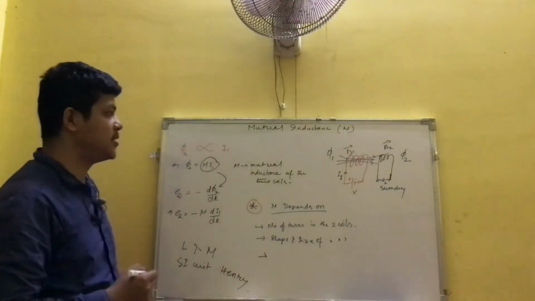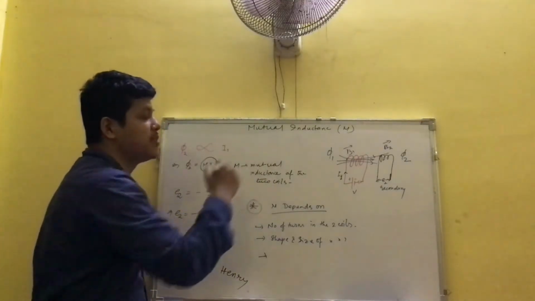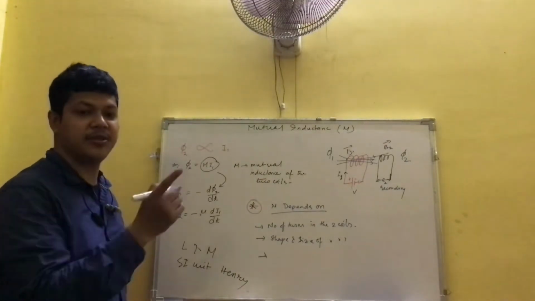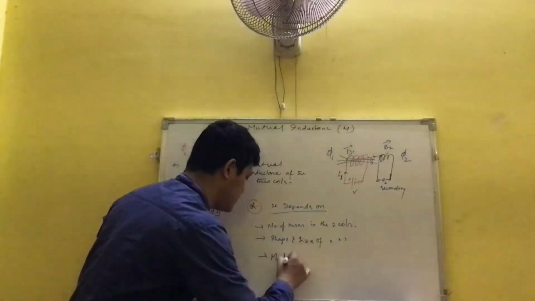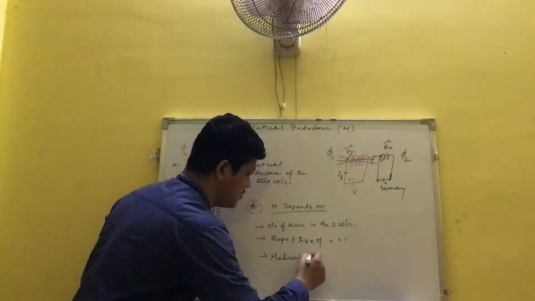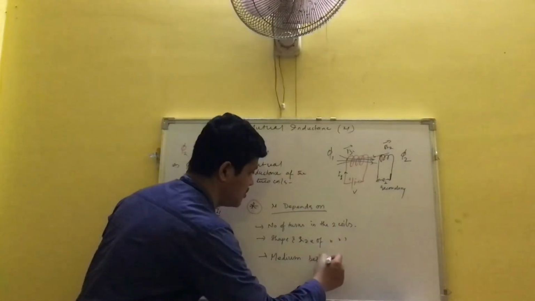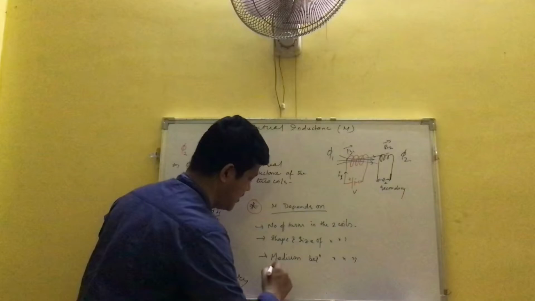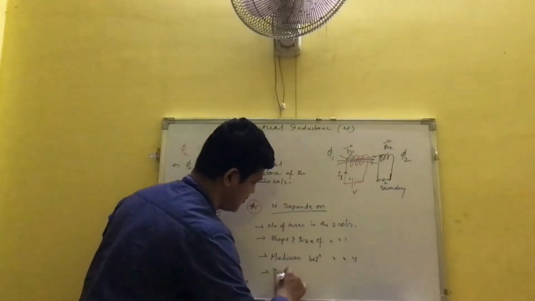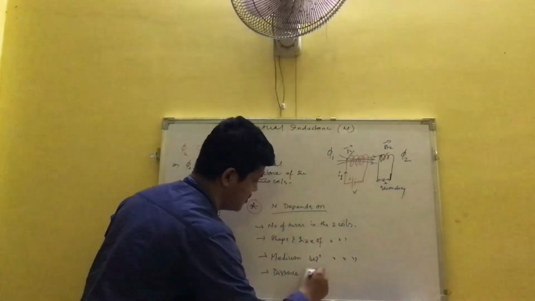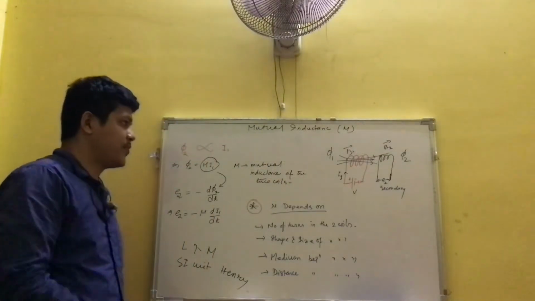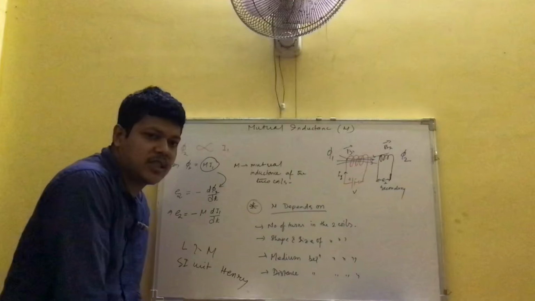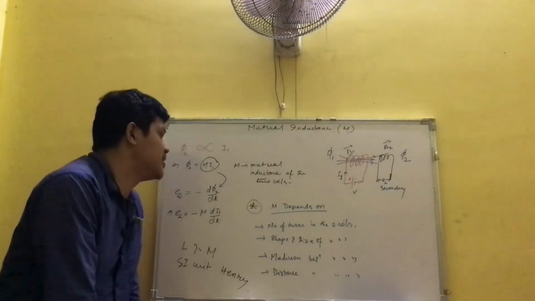And it also depends on the medium between the two coils and the distance between the two coils, right? So you have understood this. This is about mutual inductance, right?